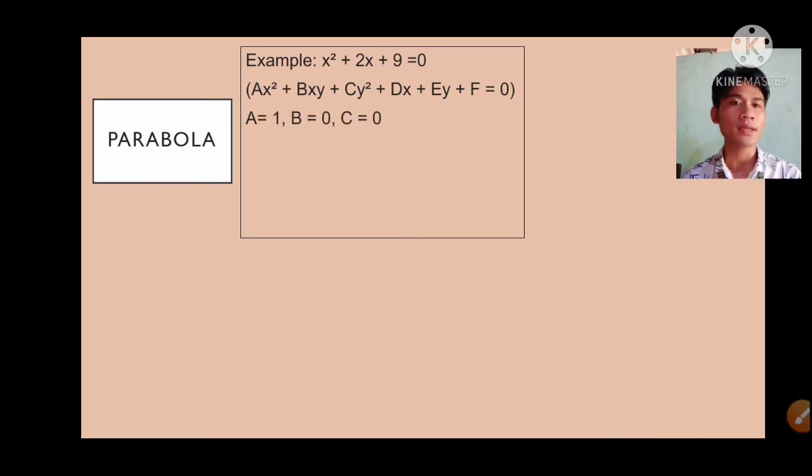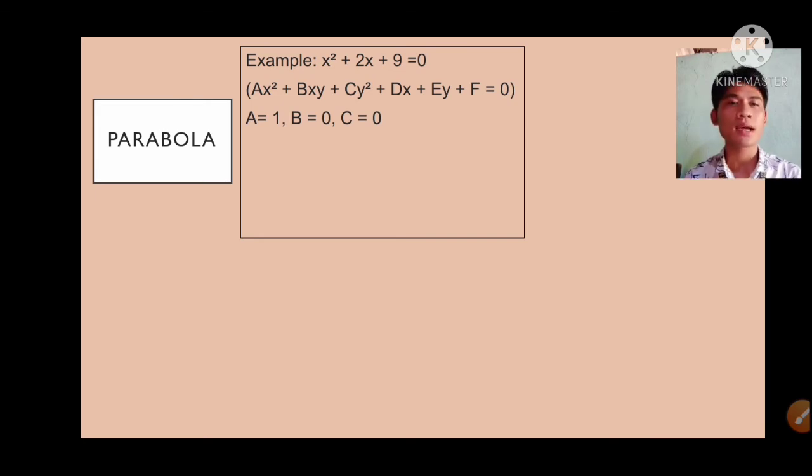A is equal to 1 since ax squared is, from the given example, x squared. Here the coefficient of the given with the same variable is 1, so we have the value of a as 1. The second one would be 0, since from the given equation the variable xy doesn't exist.